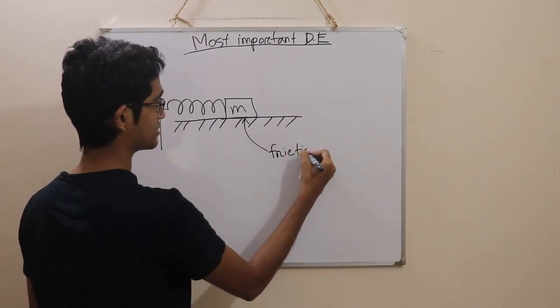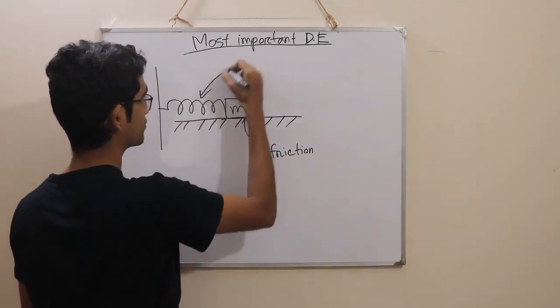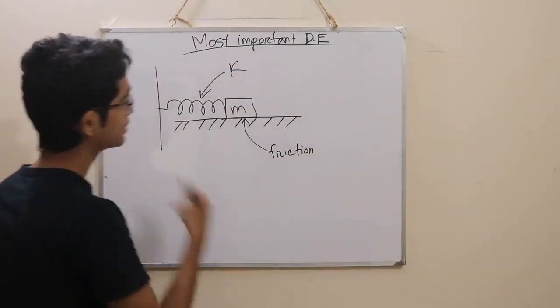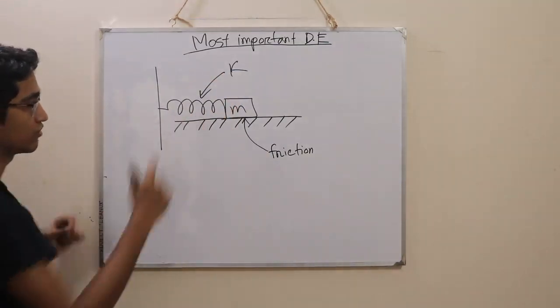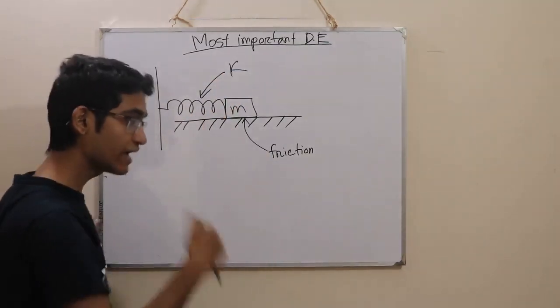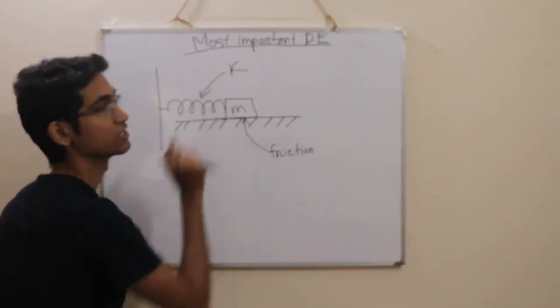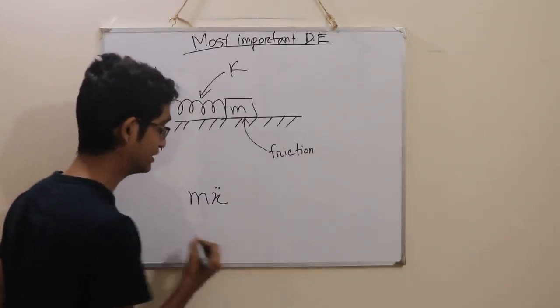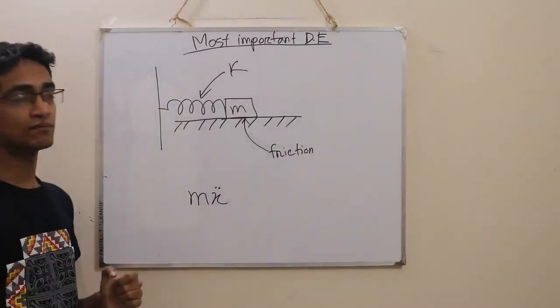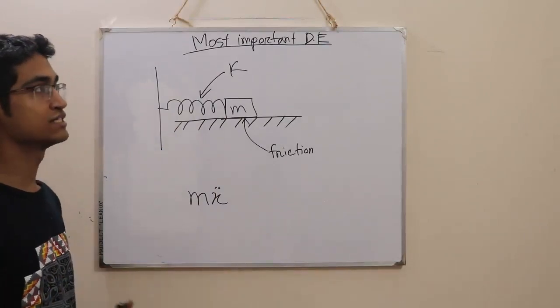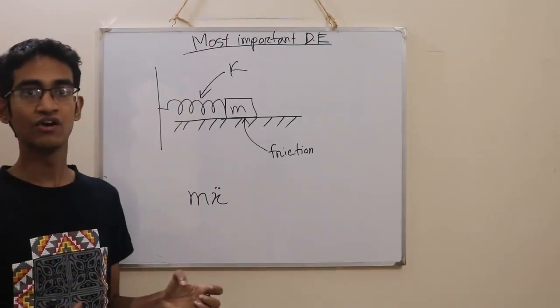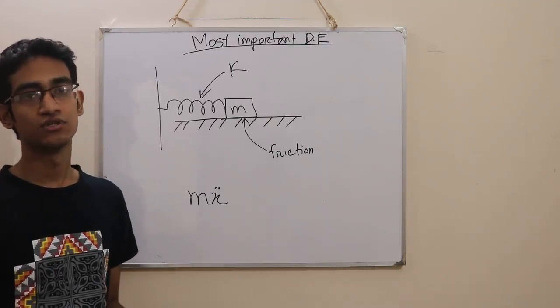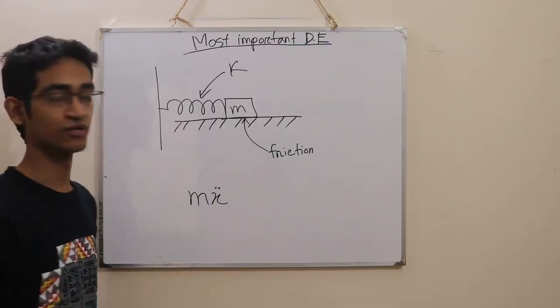The mass of the body is m and the spring constant is k. So the force felt by the body is m x double dot. The body doesn't know who is contributing to the overall force. It just feels the overall force.